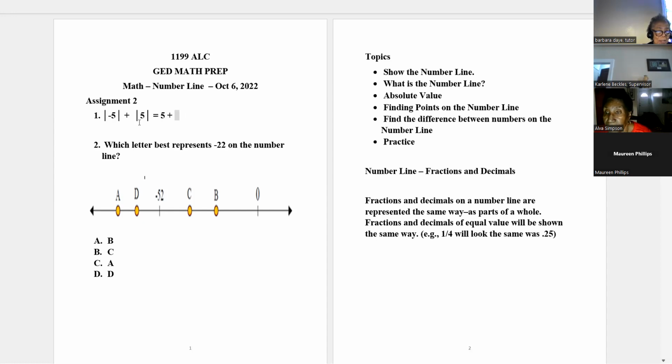And what is that number? I can't remember the name. No, it's not a name. You see where my cursor is? What is that number? It's a 5.